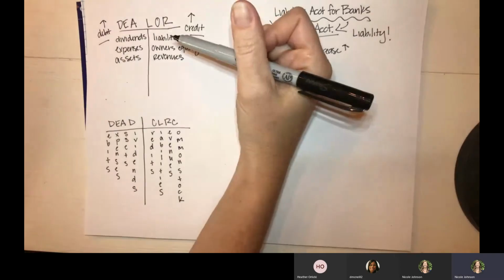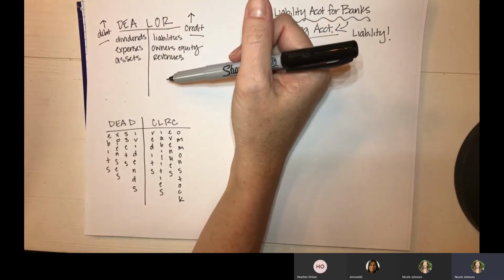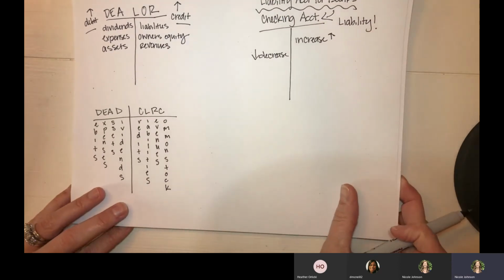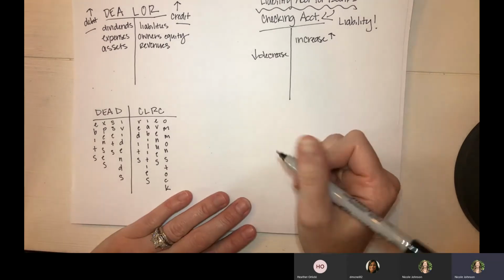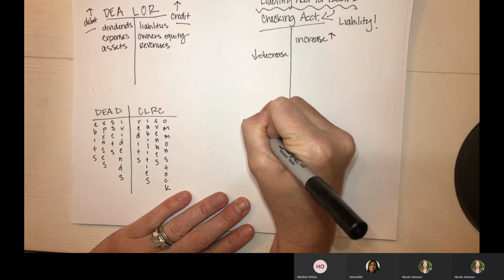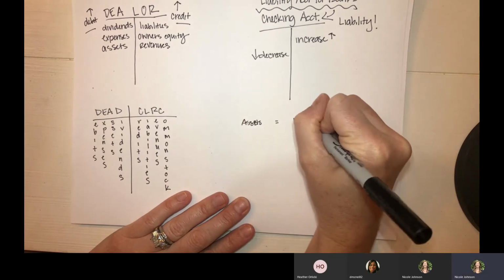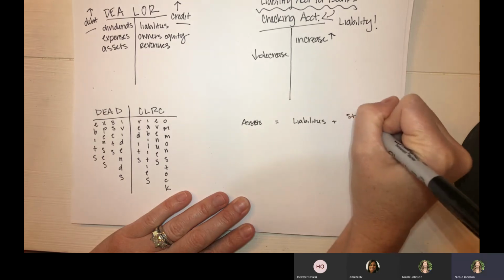Most of my students either use the DEALER method or they look at the accounting equation. And one more thing I want to do for the accounting equation is draw something out. So we've got assets equals liabilities plus stockholders' equity.